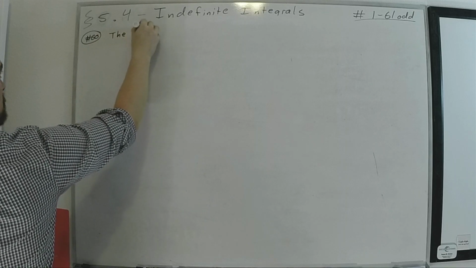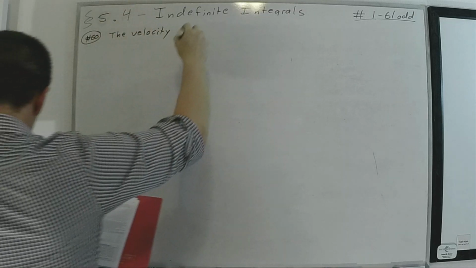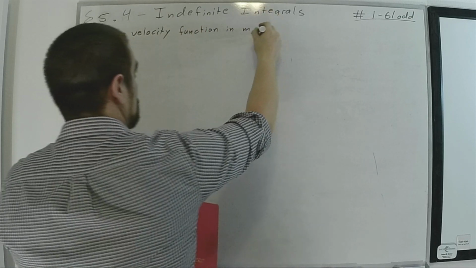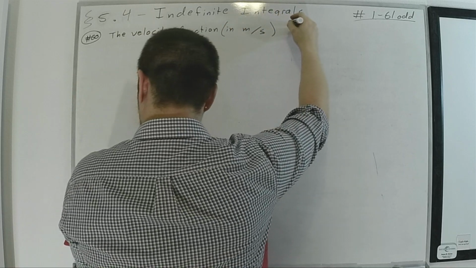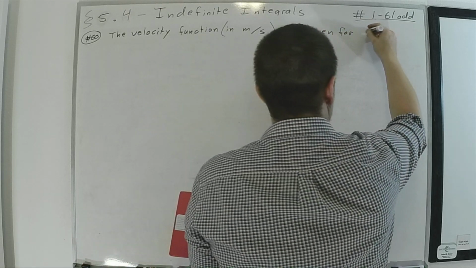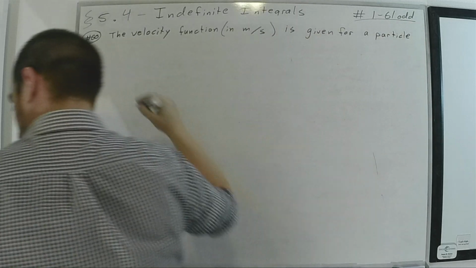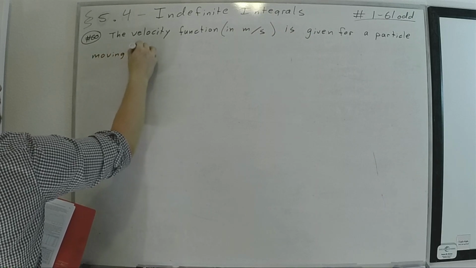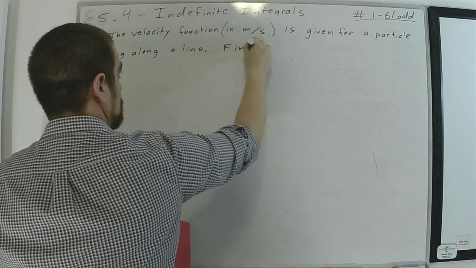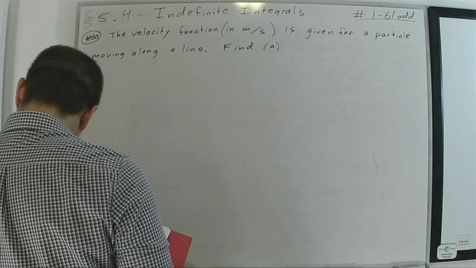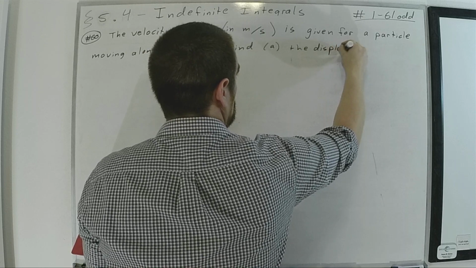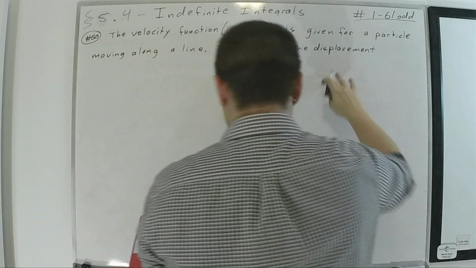It says the velocity function in meters per second is given for a particle moving along the line, and they want us to find A, the displacement, which is position, displacement meaning position, where is it?